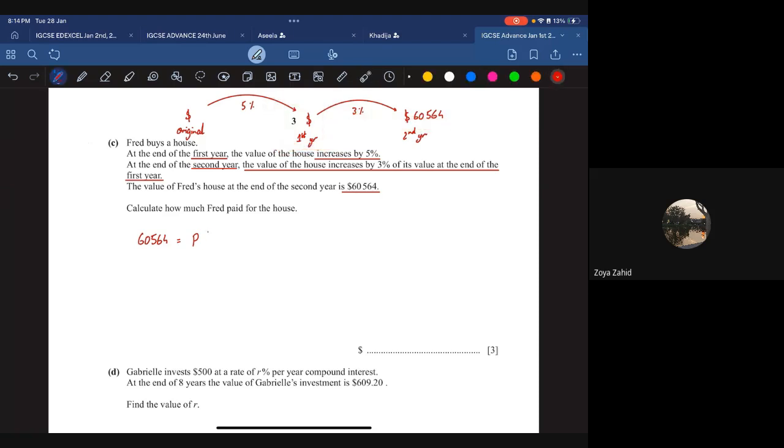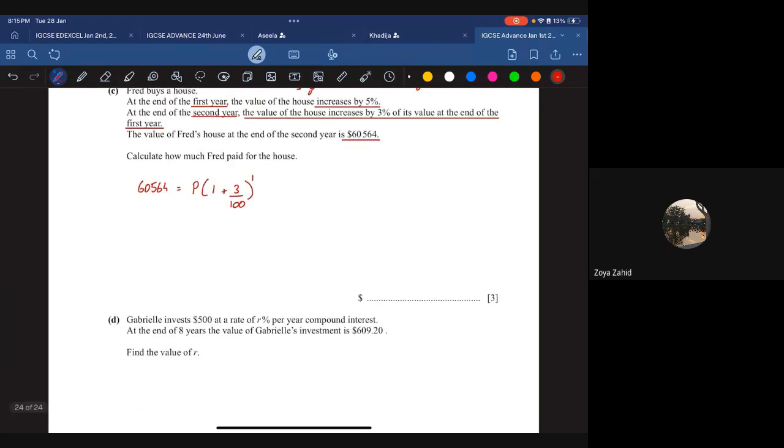So we have 1 plus 3 over 100, and Zoya, you're raising it to 1? Yes. Okay. Then what answer do you get, Zoya? I got 58800. So the principal amount becomes 58800.